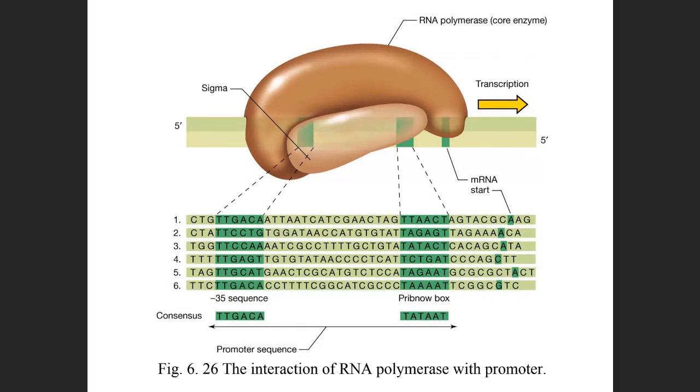Now here the monkey bar analogy comes in again. You see, from 1 to 6, these are 6 different promoters. What's in common is this region, the binding sites.